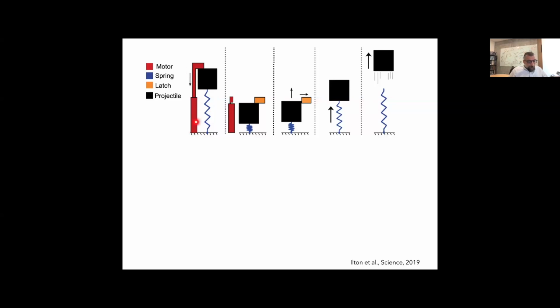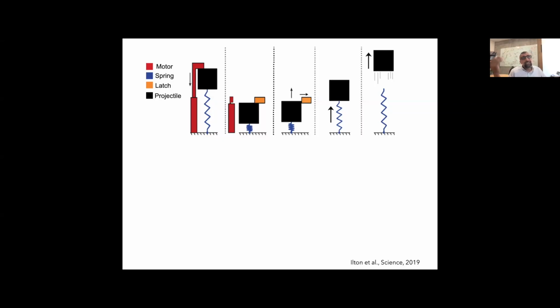So what we have is the motor producing mechanical energy. In this case, it's going to shorten and it's going to push our projectile down and it's going to store energy in this spring. This latch holds the position of our loaded system. Once the latch moves out of the way, that allows this spring to then accelerate this projectile and send it into the air.